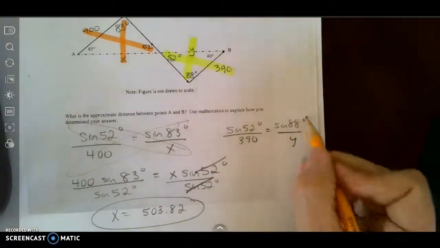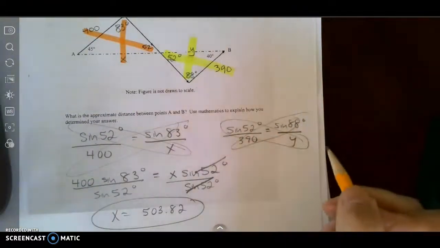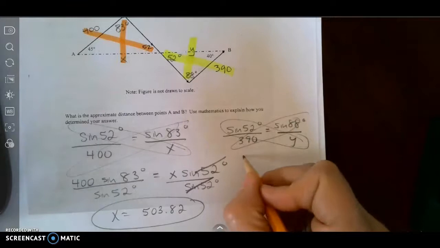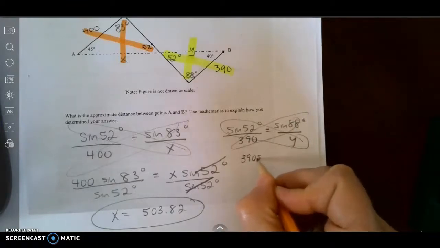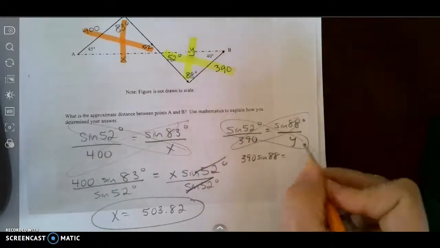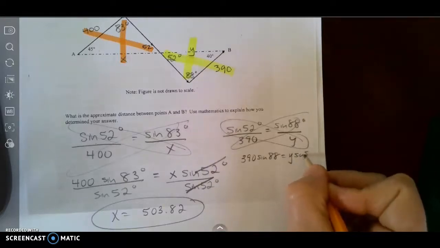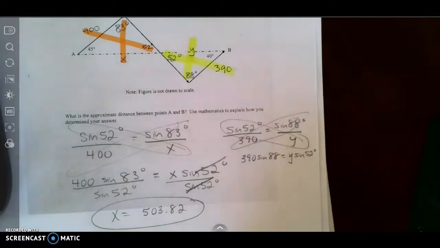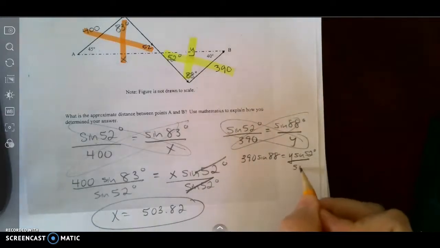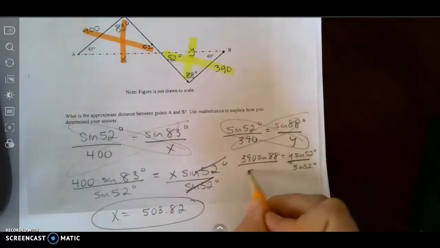So I'm going to cross multiply, and I get 390 times the sine of 88 equals y times the sine of 52. Solving for y, so divide by the sine of 52.